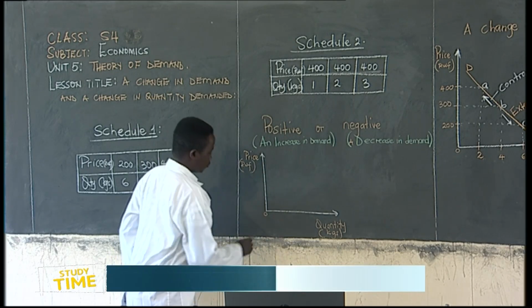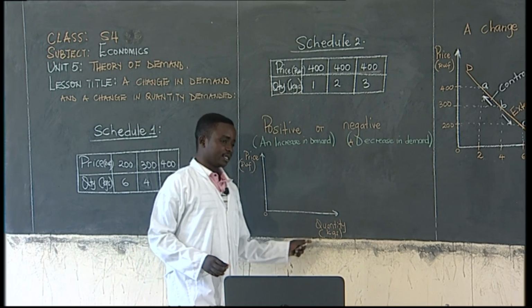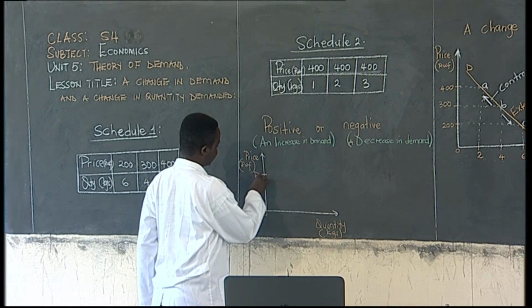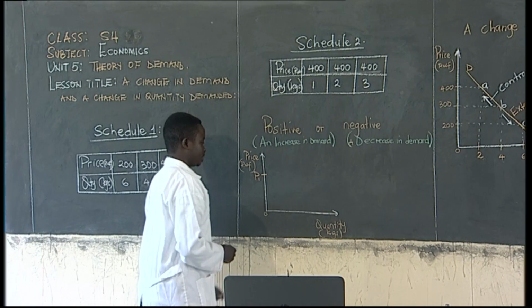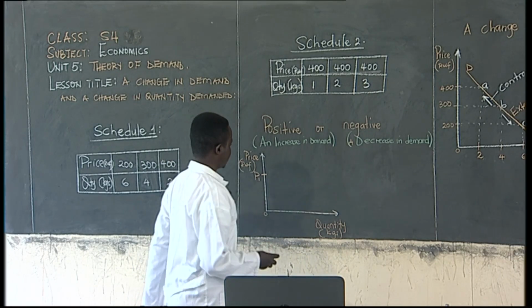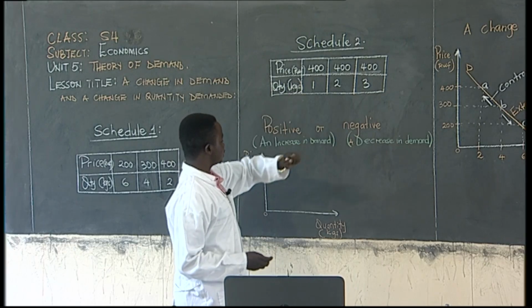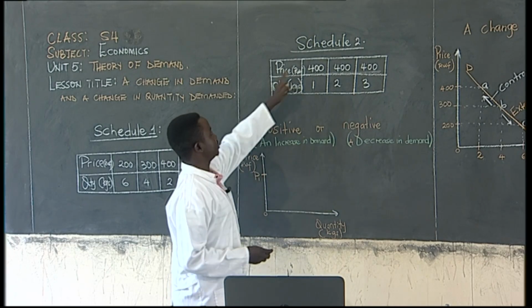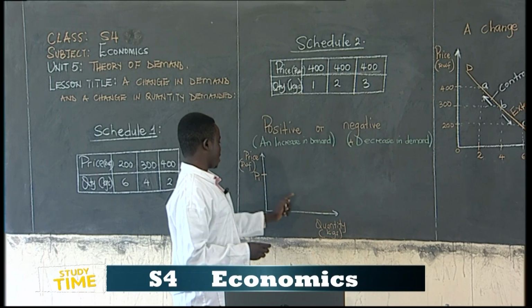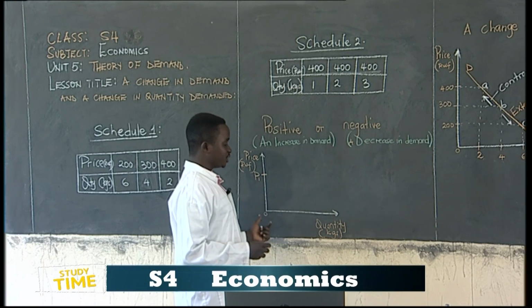So, what is changing here? It is quantity demanded, but the price is constant. Assume we have our price 1, which is our constant price, maybe at our 400. We shall expect the quantities of this commodity to change.